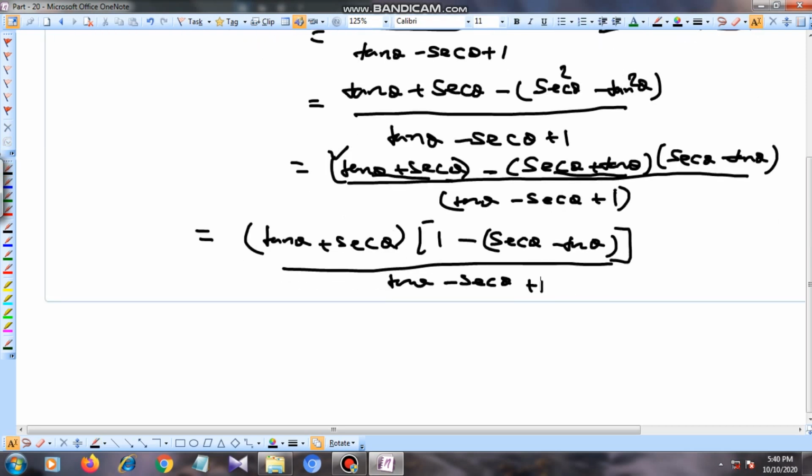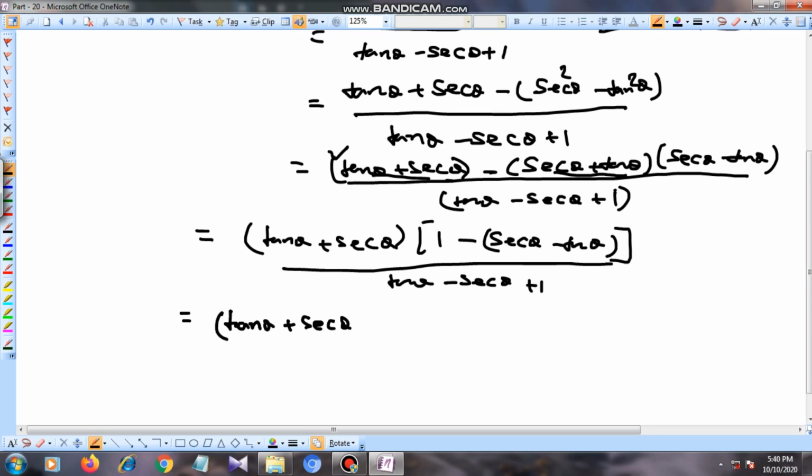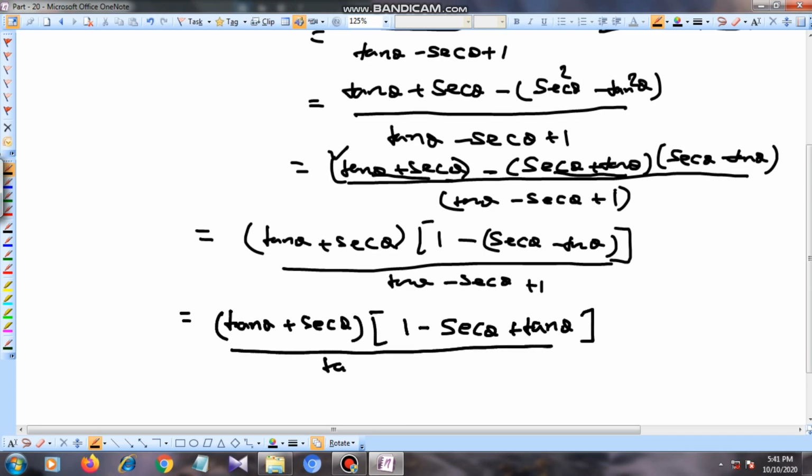Now multiplying the minus sign inside the bracket, we get 1 minus sec theta plus tan theta, right? Upon tan theta minus sec theta plus 1.